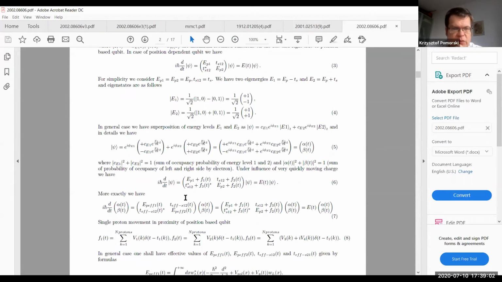So we have a standard Hamiltonian with AP1, AP2, and the hopping constant on the anti-diagonal. Due to the presence of an external charge that happens to pass by the given qubit, AP1 can have an added value given by a function f1, which depends on time.